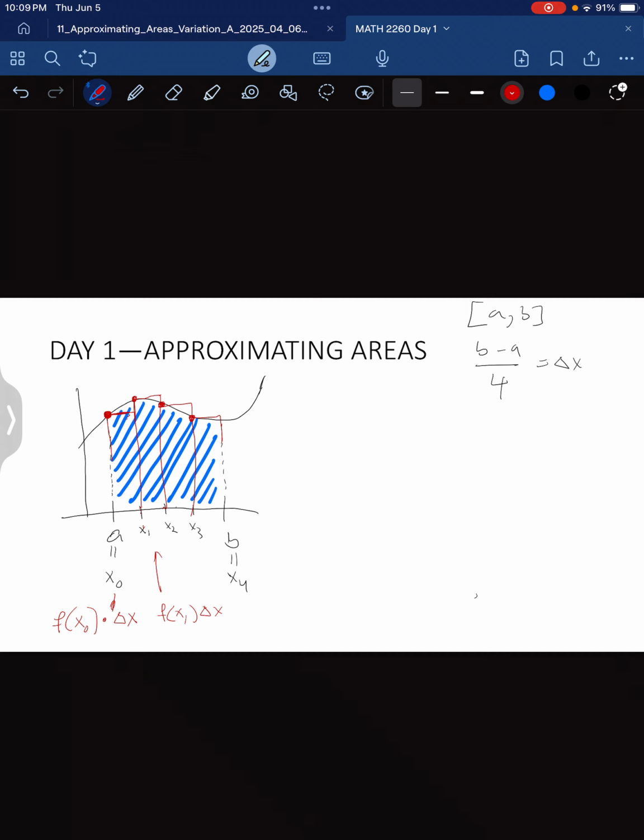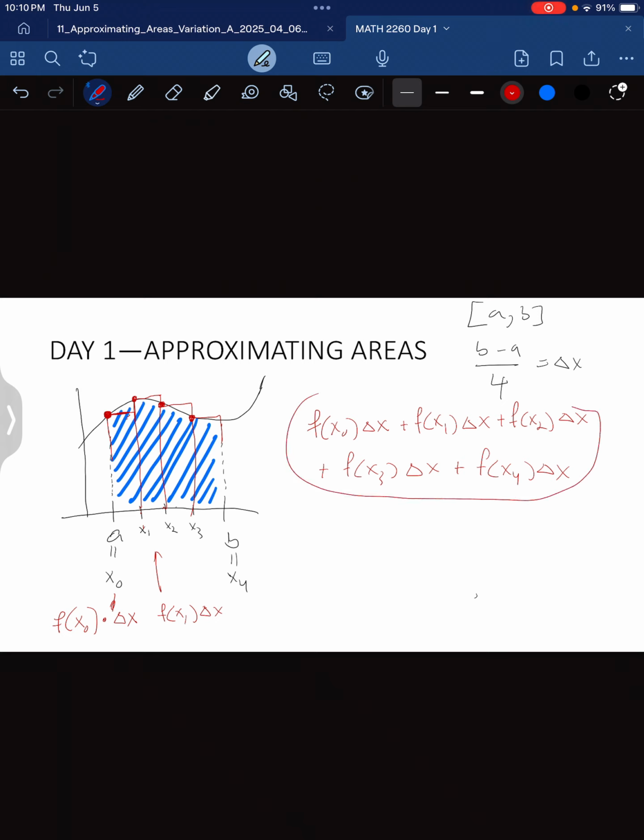And so adding all that up, let's kind of write the whole sum out because we need to add these areas. We would have f of x sub 0 times delta x plus f of x sub 1 times delta x plus f of x sub 2 times delta x plus f of x sub 3 delta x plus f of x sub 4 delta x.